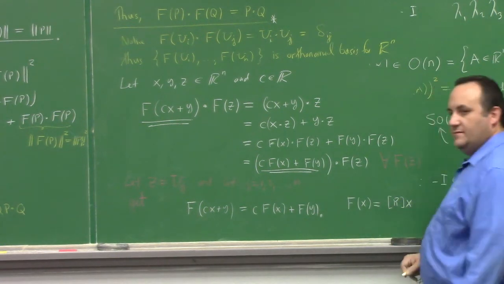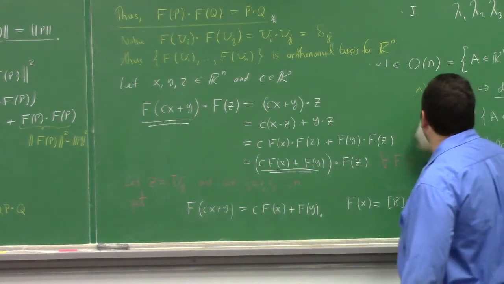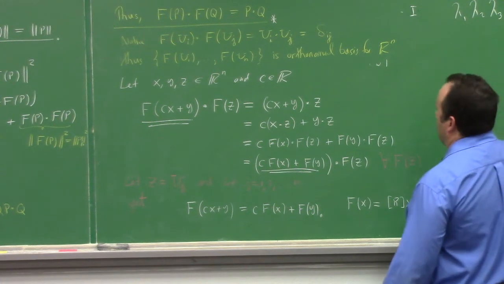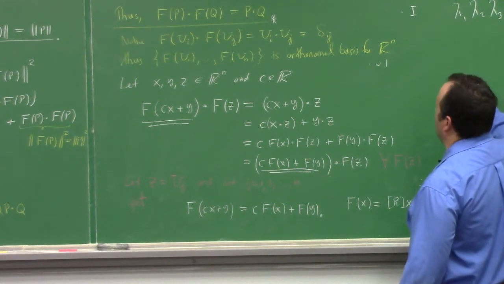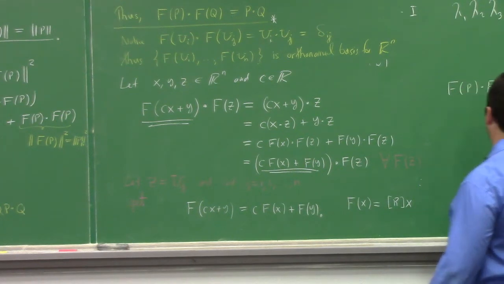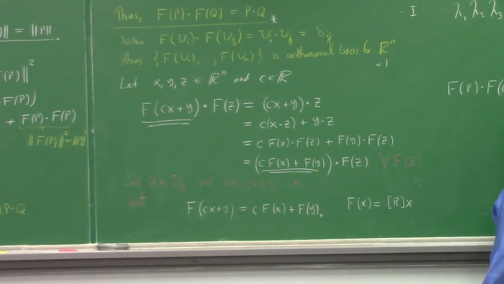like that, right? Then if you look at f of p dot f of q, we get matrix R p transpose matrix R q, which by socks-shoes gives me p transpose R transpose R q.